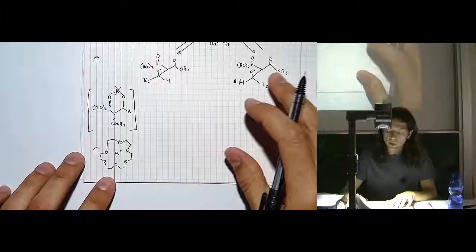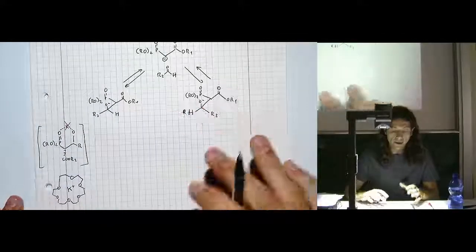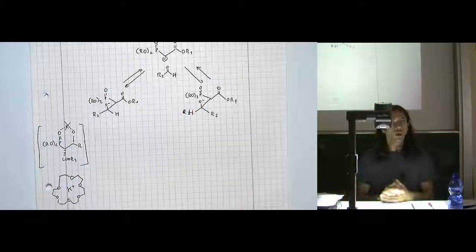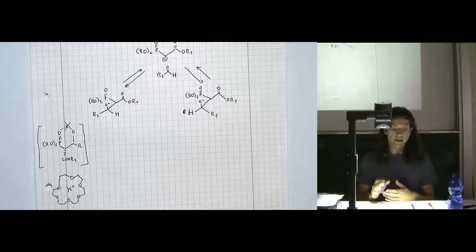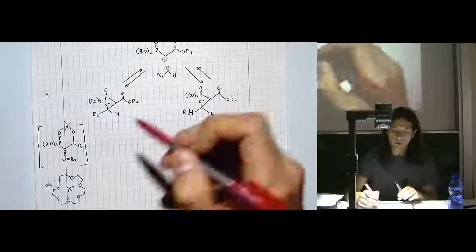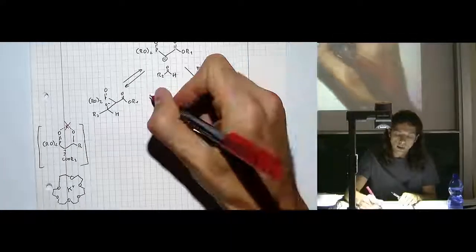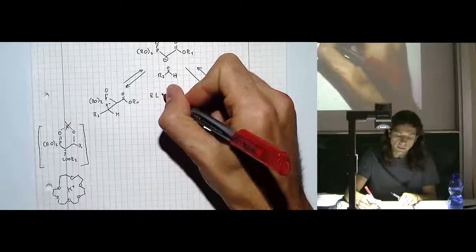So then these species are not so stable. This changes completely the whole reaction coordinate, and this time the formation of these beta-oxido species will be the rate limiting step.